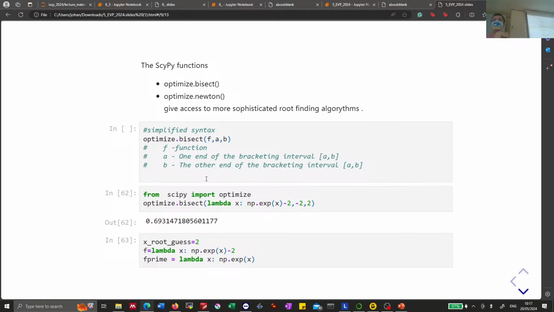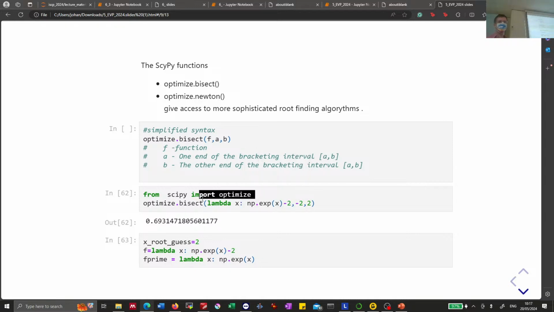I use lambda. I remember lambda. Lambda is used to define a function without giving it a name. The variable is x. The expression is e to the power of x minus 2. My start of my search interval is minus 2, and the end of my search interval is plus 2. So here's the interval again. Here's the expression, and here's the variable.